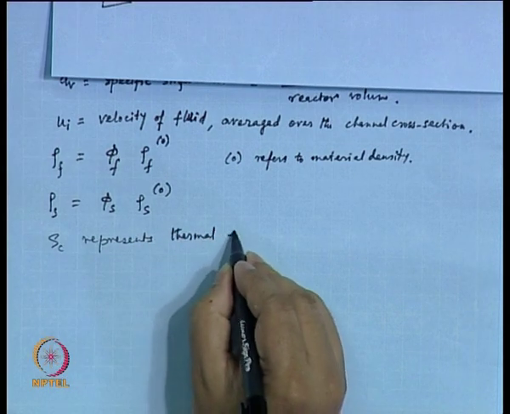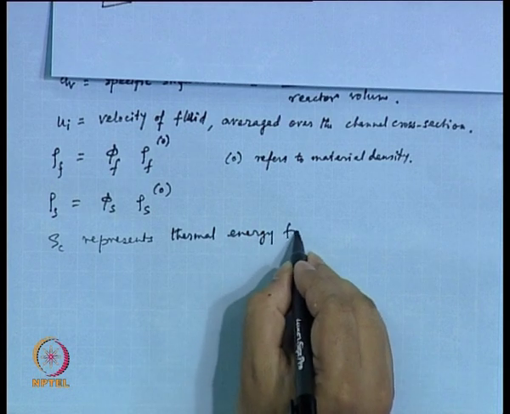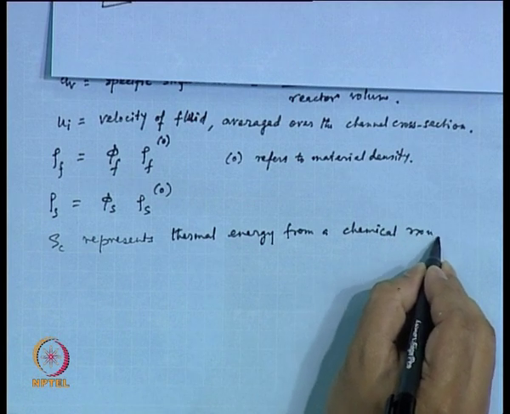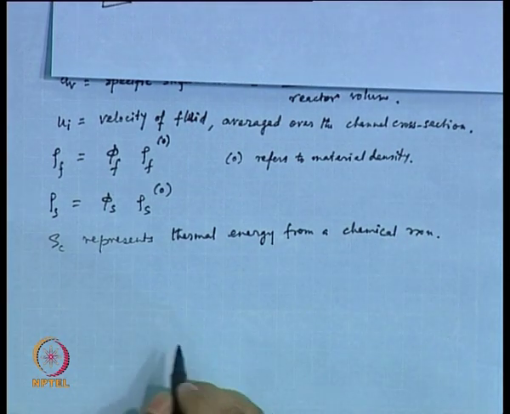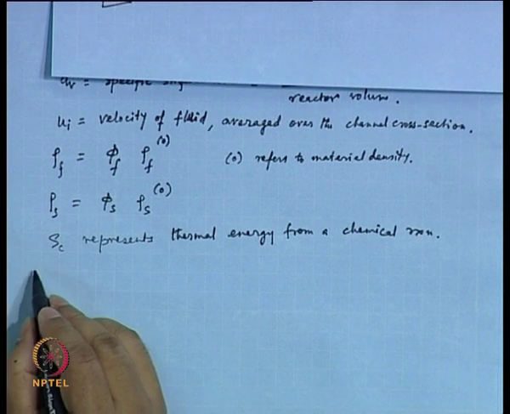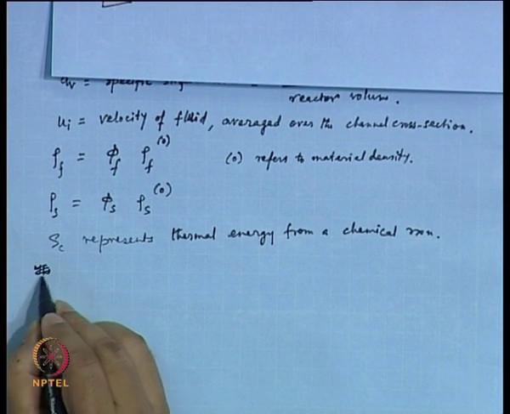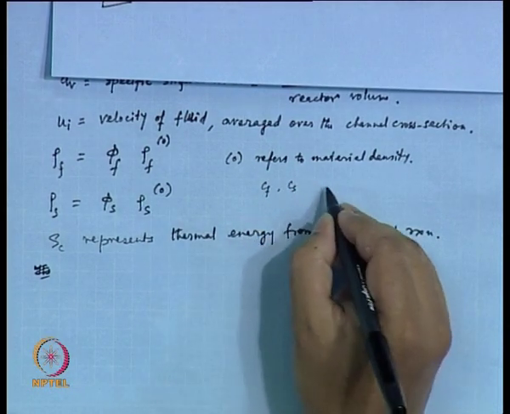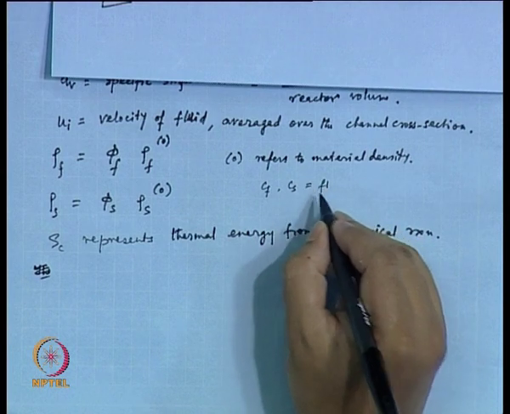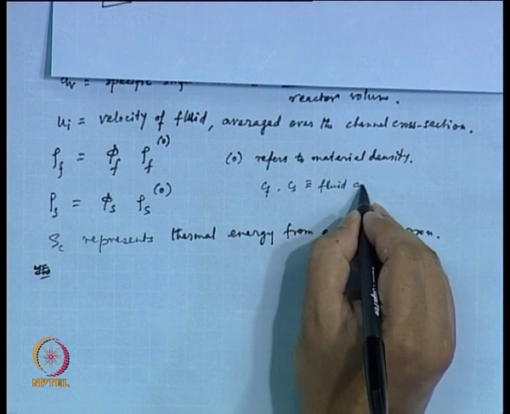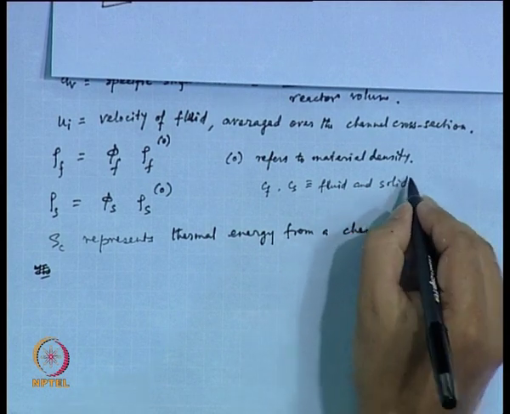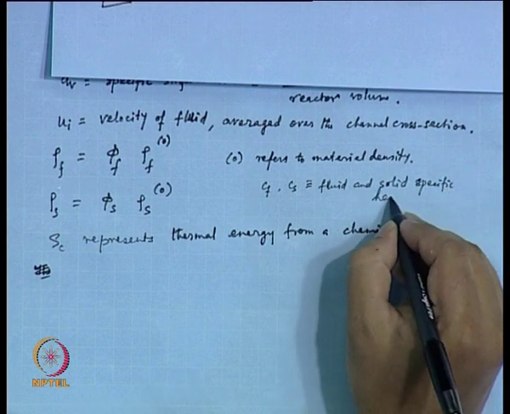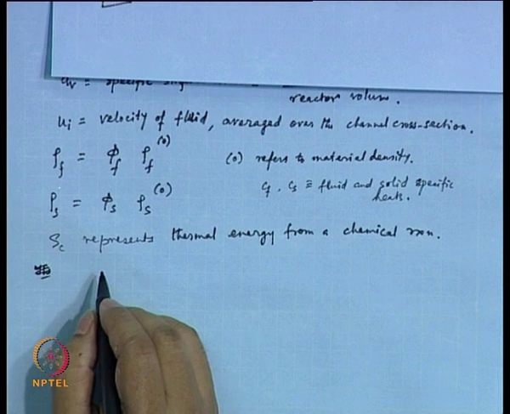Okay. SC represents thermal energy from a chemical reaction. And this model describes, of course, we have to define this CF and CS. CF and CS are the fluid and solid specific heats. Okay.